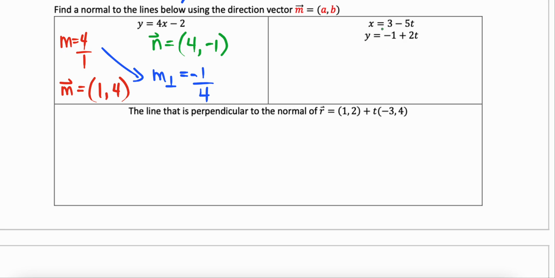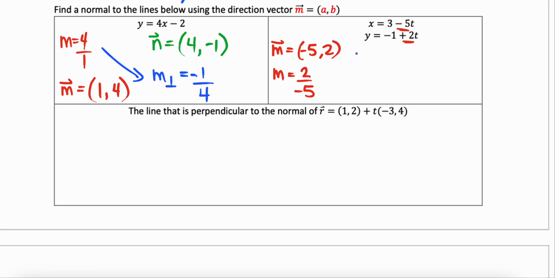If I was given an equation of a line or equation of a vector, using our parametric equations, I can also use that to help us figure out what is that direction vector. Remember, the direction vector comes from the coefficients in front of the variable t. So my direction vector is negative 5, 2, which means that the slope of this line would have been 2 over negative 5.